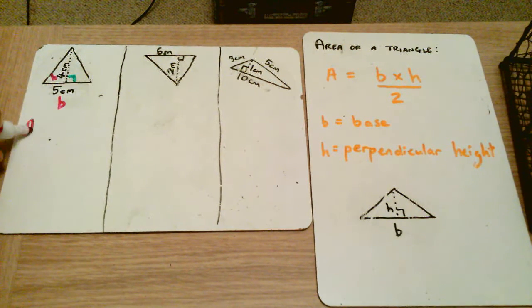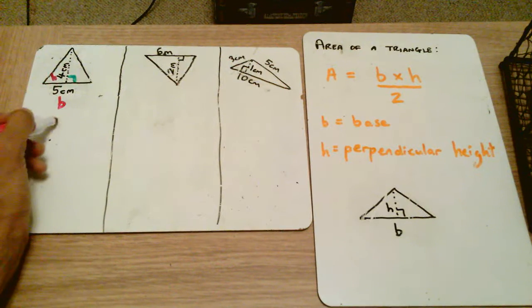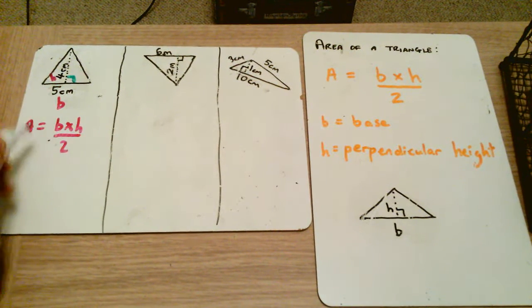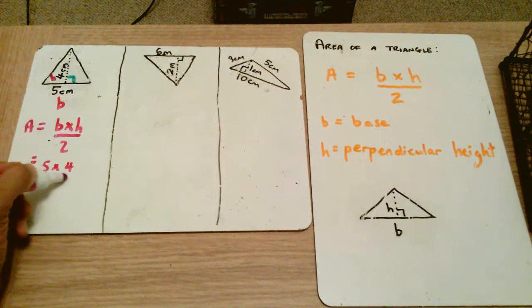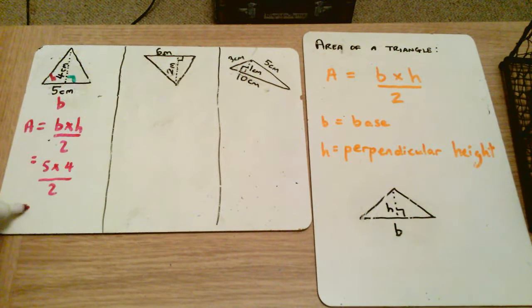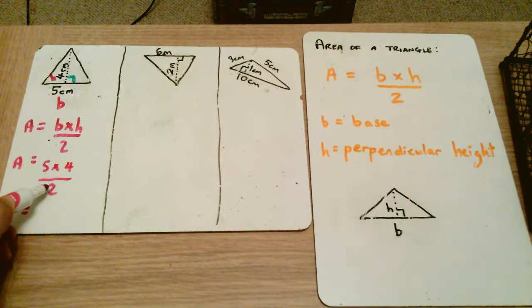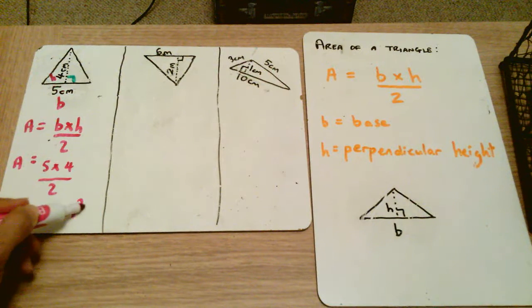Once again, our formula is area is base times height divided by 2. We substitute in our values: the base is 5 times the height, which is 4, divided by 2. The area is equal to 5 times 4 is 20, divided by 2 is 10 centimeters squared.